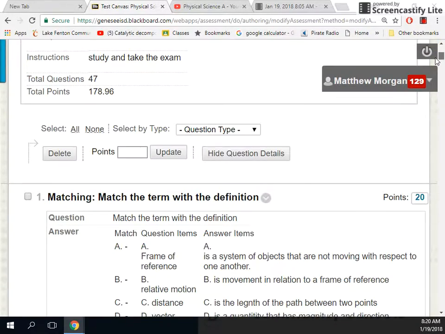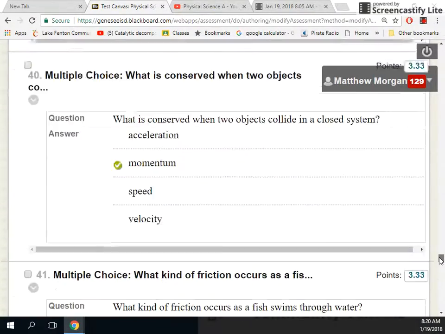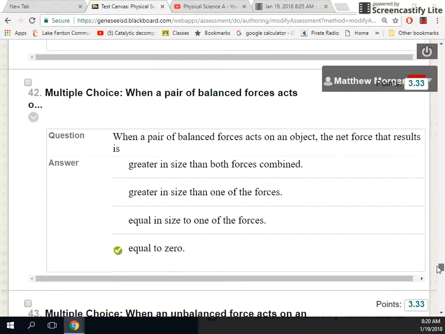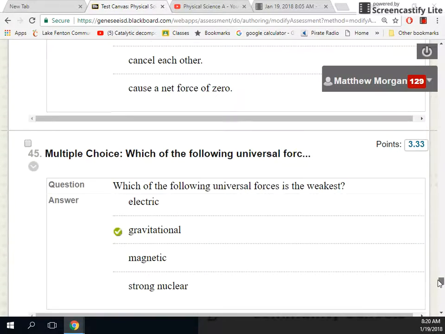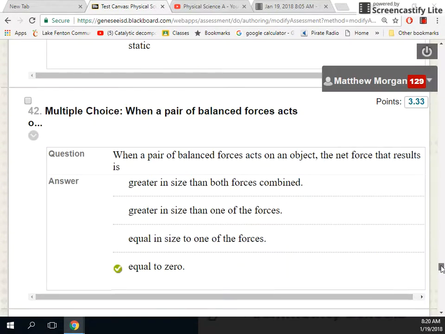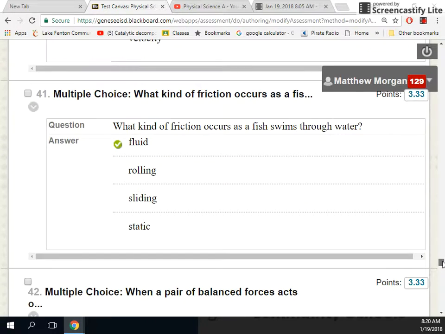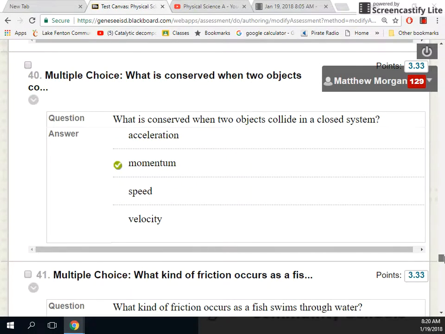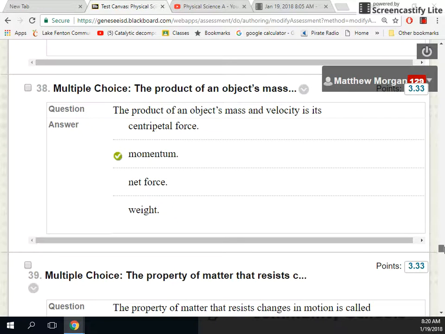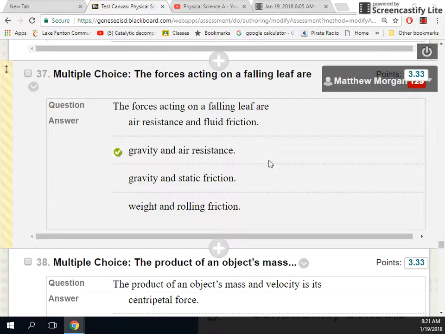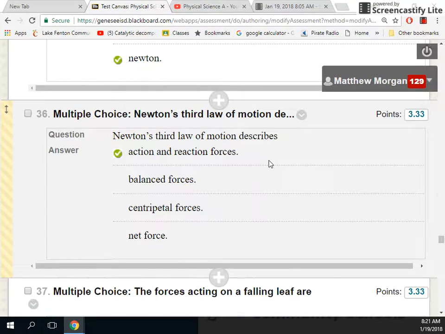The product of mass and velocity, falling leaf, Newton's third law.